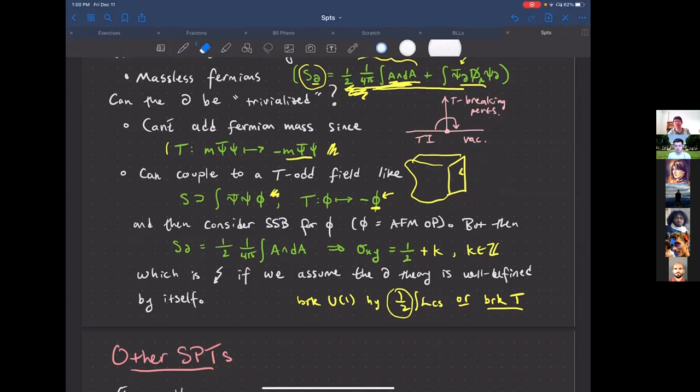So in particular, you can break the time reversal symmetry on the boundary by adding on some integer quantum Hall state just to the boundary, and this is going to change sigma xy by an integer, and that's not relating to the anomaly. Okay, anyway, we don't have to talk about that now.